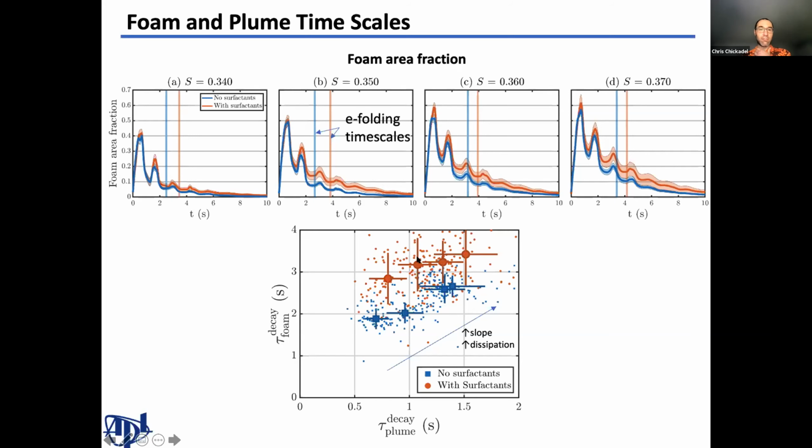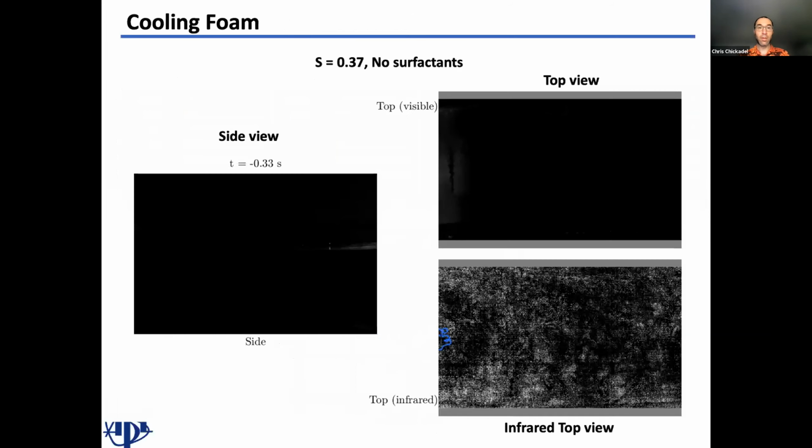And you can see this large difference, right? A 30% or 50% difference depending upon the strength of wave breaking. So it's a really clear implication of the addition of surfactants for the visible.